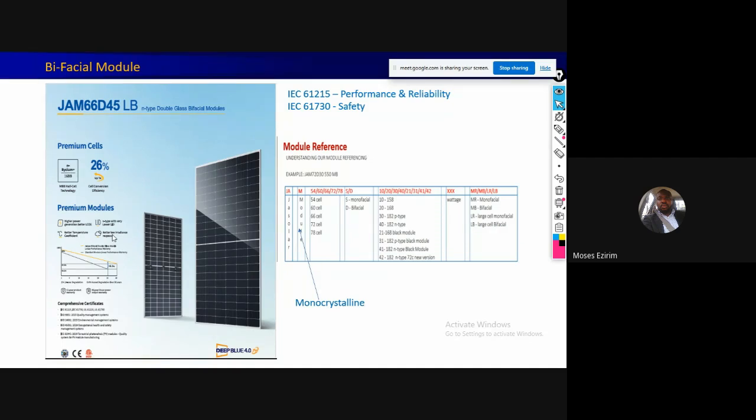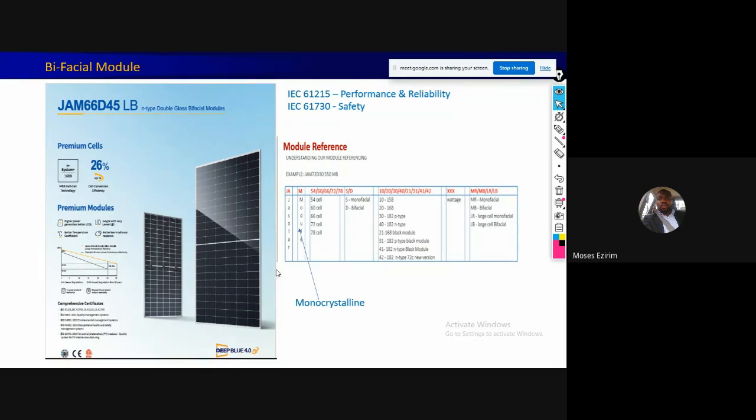Because in your first year, when you are installing your panel, you usually see 1%, but in subsequent years till the lifespan of that module, you are going to have either 0.4, 0.5, 0.3%. Those values matter, especially when it comes to C&I or utility scale, because you need those parameters to know how you are going to be generating revenue. So that is what JA Solar stands for. Our panel has a better return on investment as a result of the higher generation.